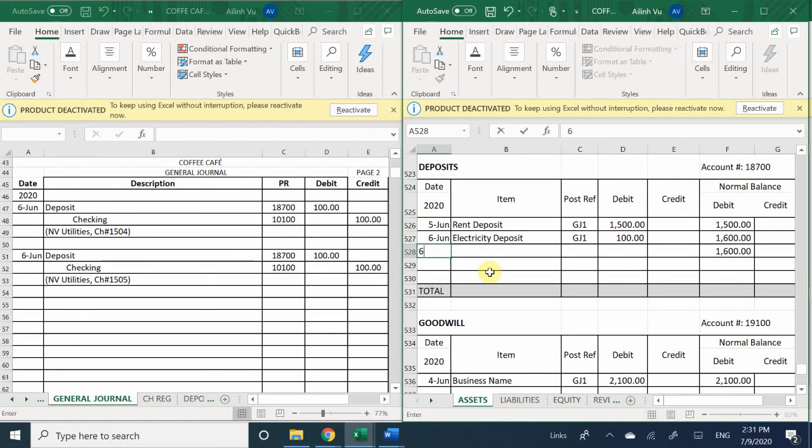Okay, and this time I'm gonna write natural gas deposit. And it's going to be for general journal number 2, and it's for another $100. So therefore, my total balance in my deposit should be $1,700.